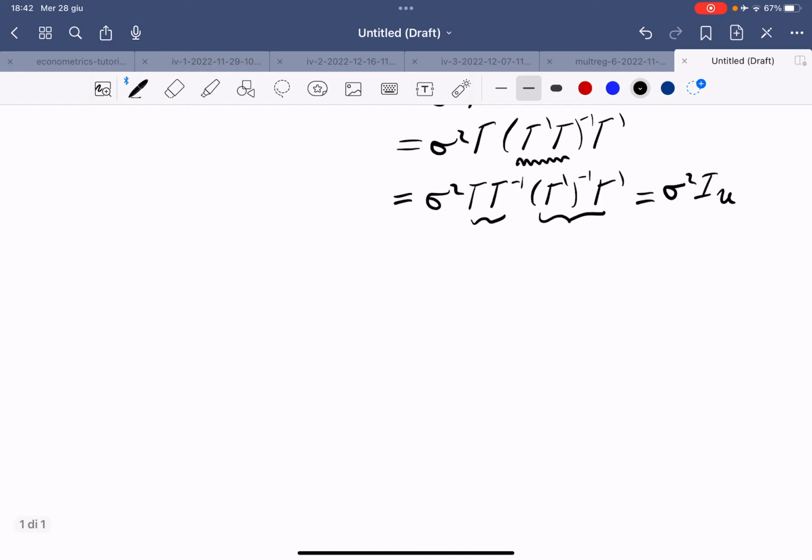So we want to derive the beta of the GLS method, and this comes from the classical minimization problem of the residual, but in this case we are using the transformed data. So we are minimizing y star minus x star beta, transposed, times y star minus x star beta.